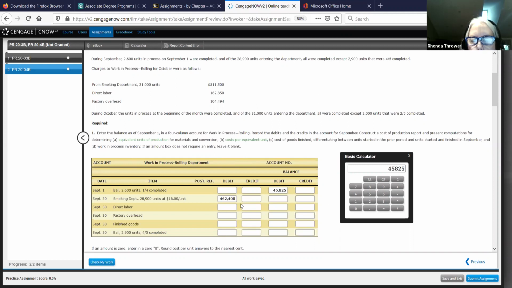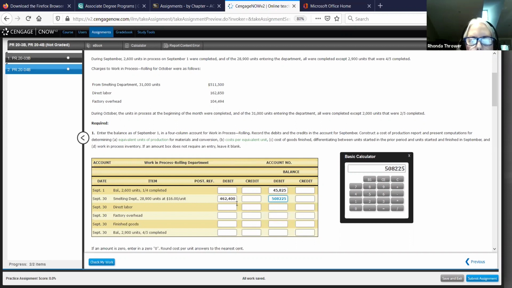We're going to add to it our debit of 462,400. And that'll bring us to a debit balance now of 508,225. It may be a while since you balance ledger accounts.